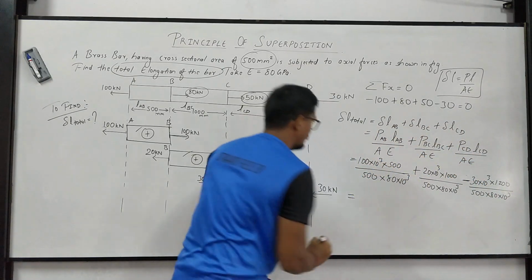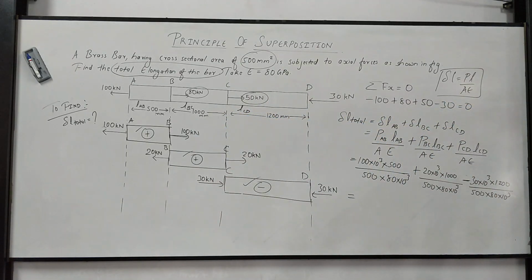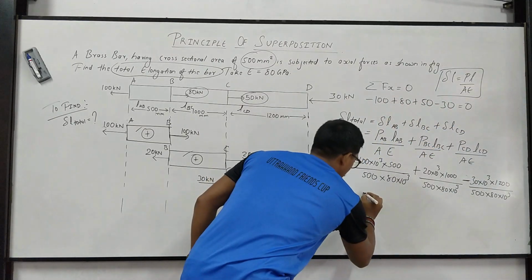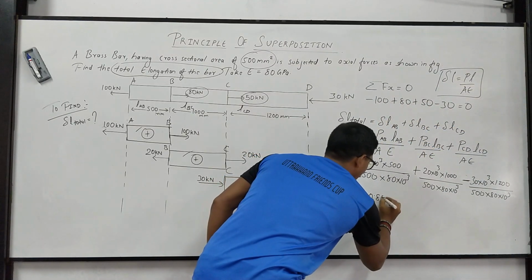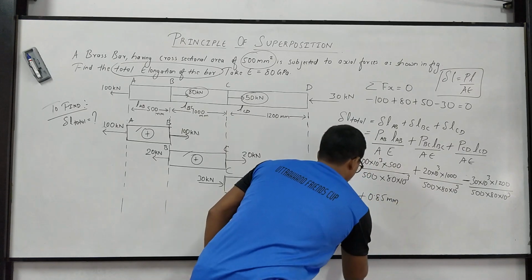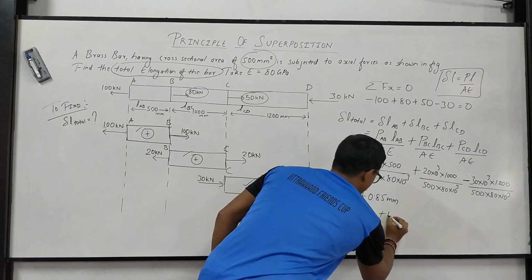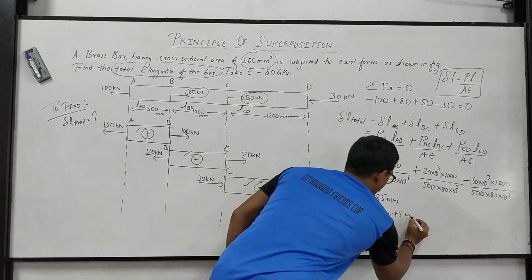So your answer comes as 0.85 mm plus 0.85 mm. So delta L total is equal to plus 0.85 mm.